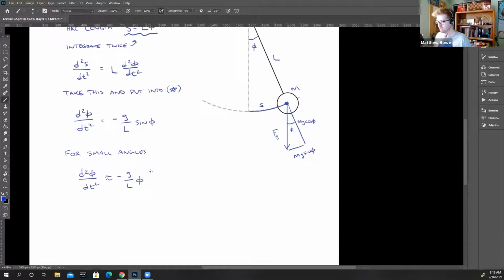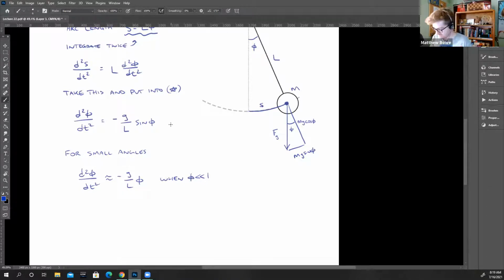And what are the conditions for the sine disappearing? It is when the value of the angle is much, much less than 1. So if we have a very, very small angle, the sine of this term is almost non-existent, or it doesn't come into play.